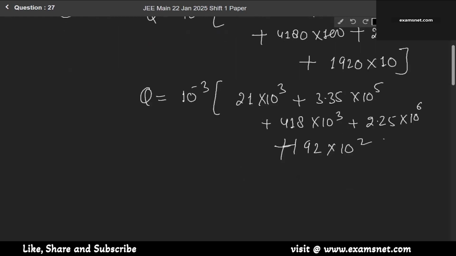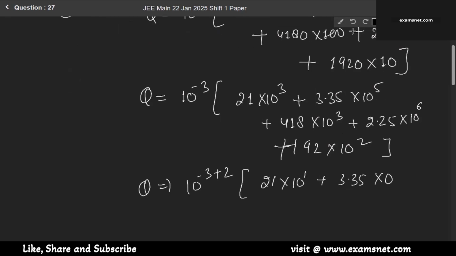Now solving it, taking 10 to the power 2 common. So we get plus 2, it will be 21 into 10 plus 3.35 into 10 to the power 3 plus 418 into 10 plus 2.25 into 10 to the power 4 plus 192.